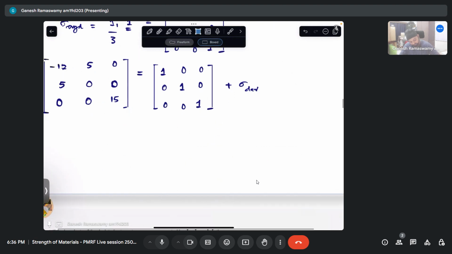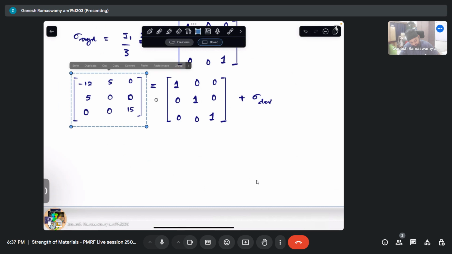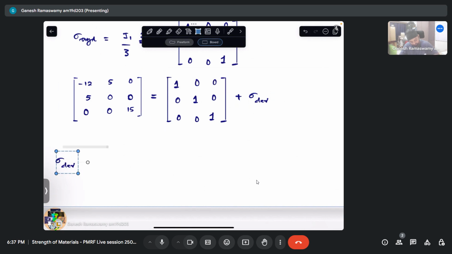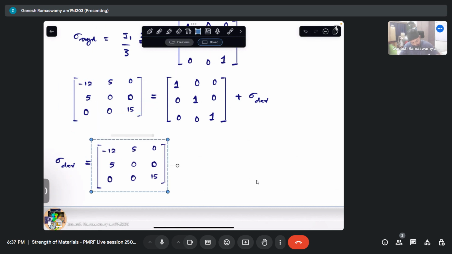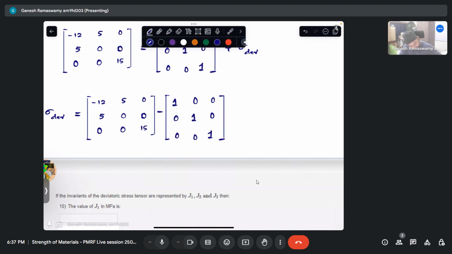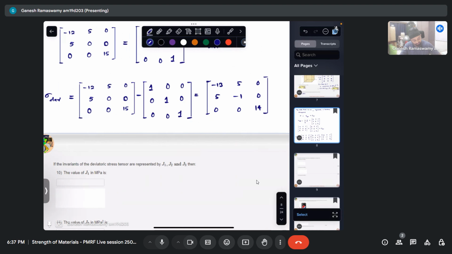So therefore, the deviatoric is nothing but the difference of these two, the actual stress minus this quantity, which comes out to be minus 13, 5, 0, 5, minus 1, 0, 0, 0, and 14. So I have my deviatoric stress tensor with me now.